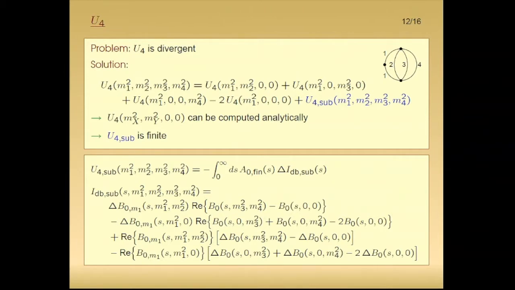But because here some masses are set to 0, these can actually be computed analytically. So only the remainder would be done numerically. This again can be written as an integral of this discontinuity. It's now more complicated because of all those pieces that we subtracted, but it's the same idea as before.